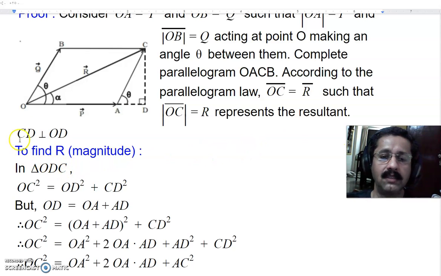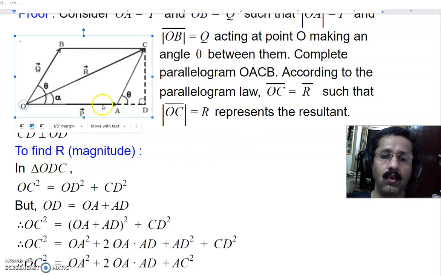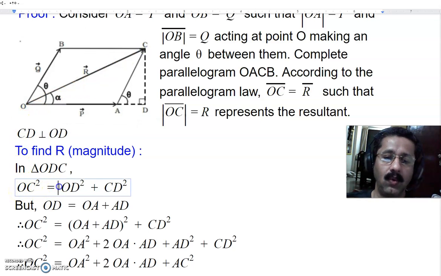Now, to find the magnitude of R, first I take into consideration the bigger triangle ODC. In this triangle ODC, I use Pythagoras theorem, and I find that OC squared is equal to OD squared plus CD squared. OD itself is equal to OA plus AD.